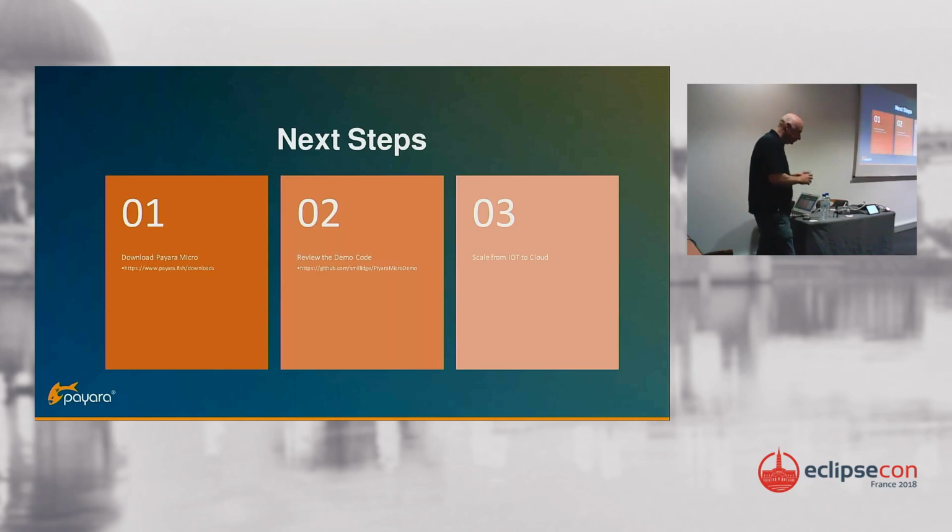Payara Micro also has some Java EE APIs. So, how does that affect the size? We used to have a micro profile only. Actually, Payara Micro also supports MicroProfile 1.3, probably as of yesterday, because we did a new release yesterday.